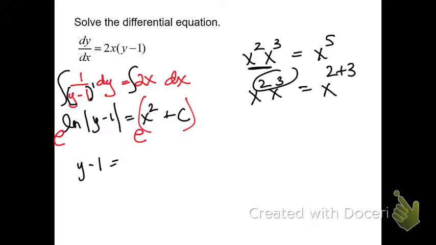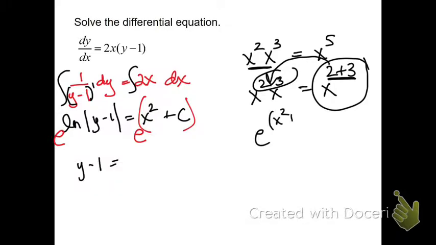We just add these. Well, we're going to go backwards. We're going to go from here where you see the addition and rewrite it as multiplication. So e to the x squared plus c is the same as e to the x squared times e to the c. Notice that that's multiplication, and that's the same as adding the exponents.